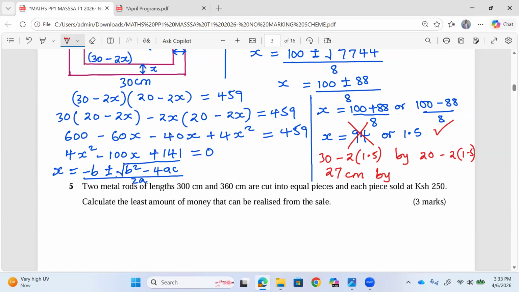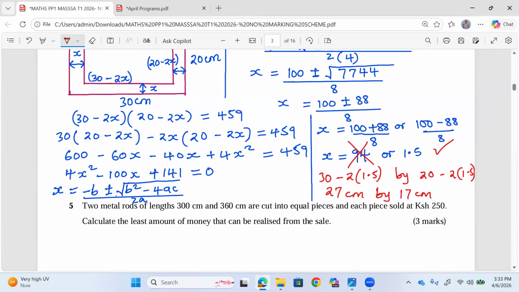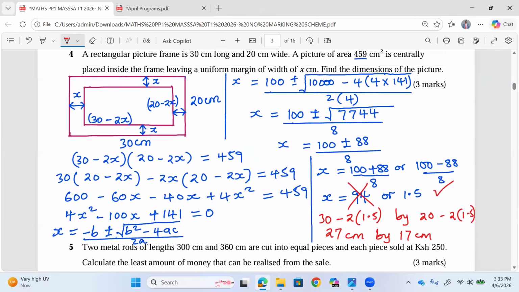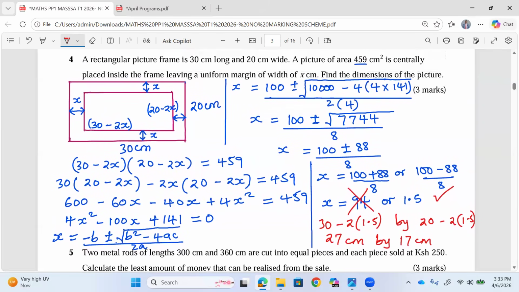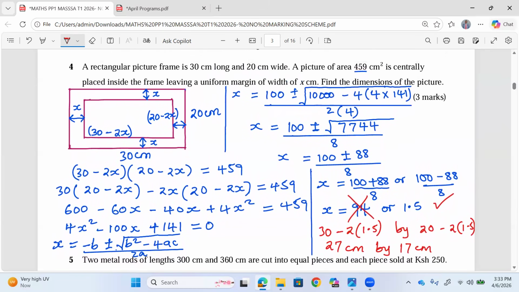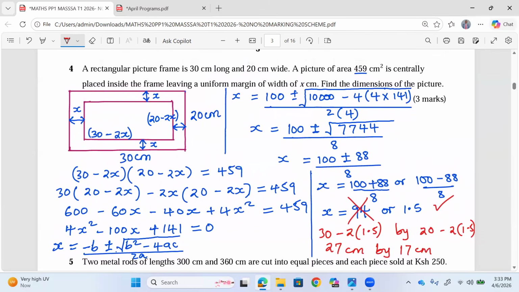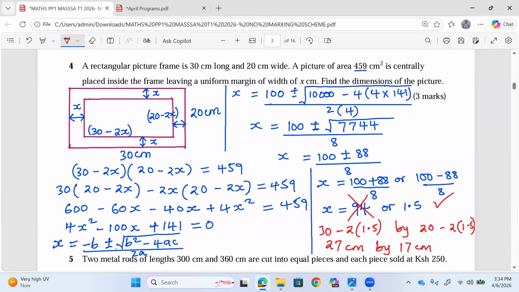What about 20 minus 3? Is it 17? So 27 by 17. Those are the dimensions of the picture. You can confirm using your calculator: 27 times 17, we will get the area exactly as 459. So number 4 is a very good question.